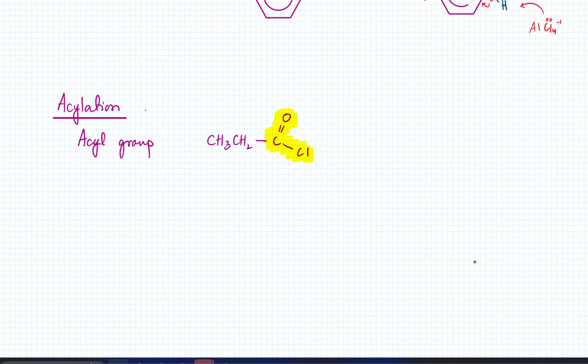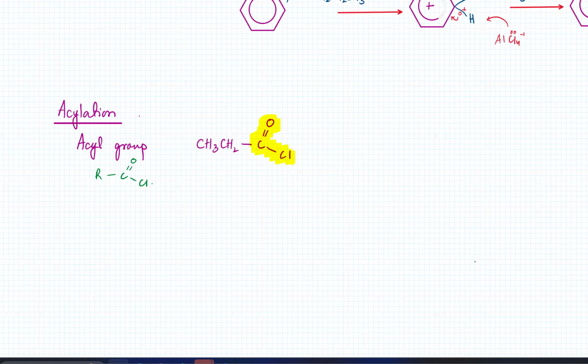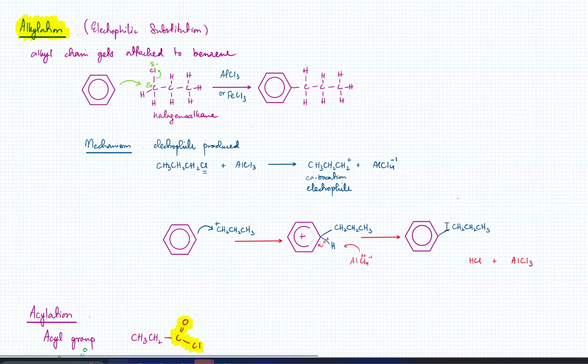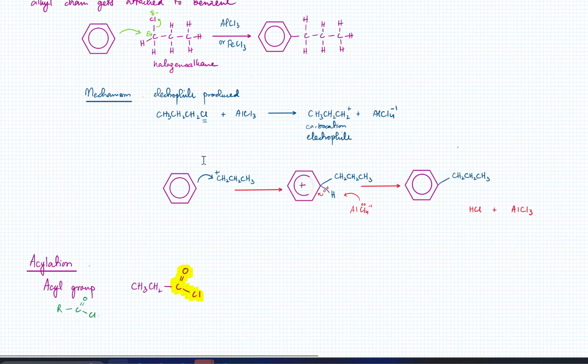That's what your acyl group is: a carbon chain with C double bond O and Cl. So acylation is when this thing gets attached to benzene. Everything will be exactly the same. I just need a benzene.